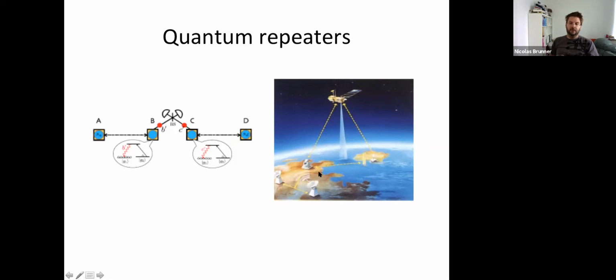So this doesn't correspond to this map, but if you know a bit about China, these are two cities that are very far apart, a few thousands of kilometers. And they managed to do that and demonstrate that it works.